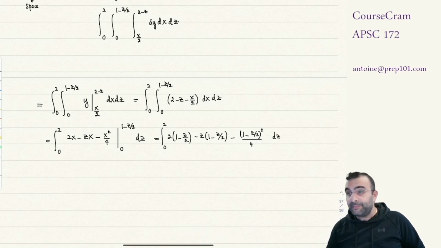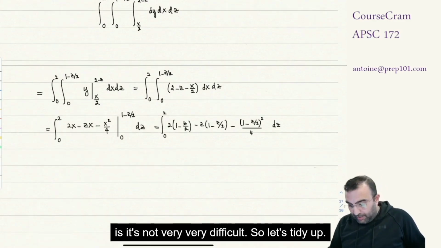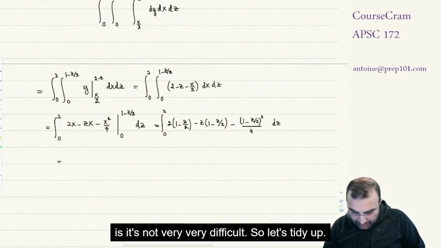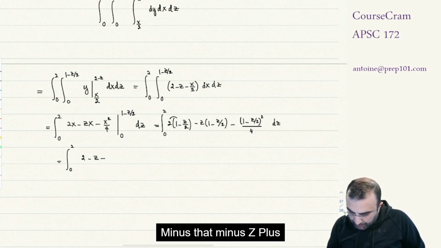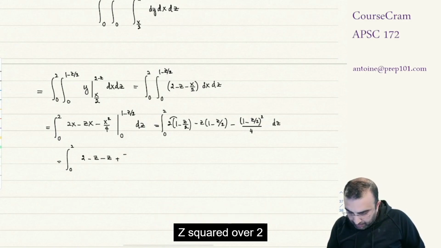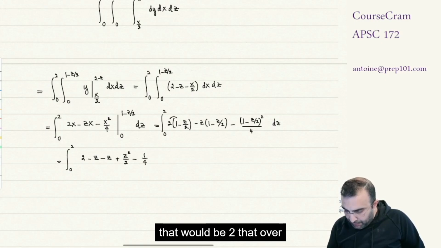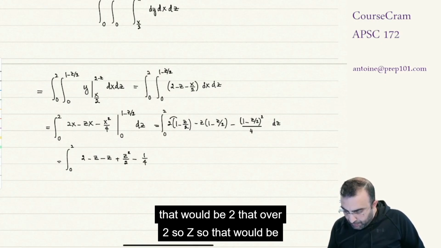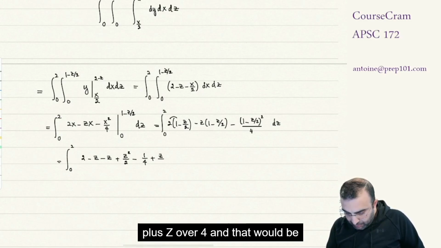dz. And if you're thinking, wow, this is long, well, it is, but it's not very difficult. So let's tidy up. That's 2 minus z plus z squared over 2 minus 1 over 4. That would be 2z over 2, so z, so that would be plus z over 4.